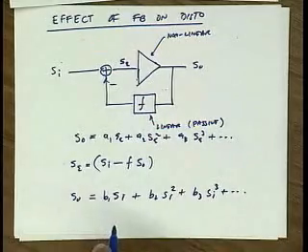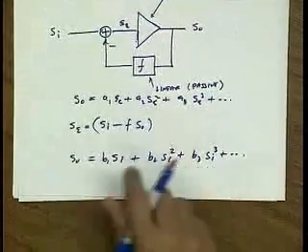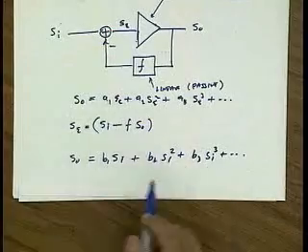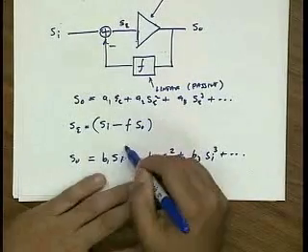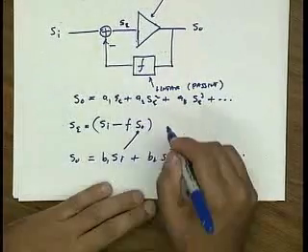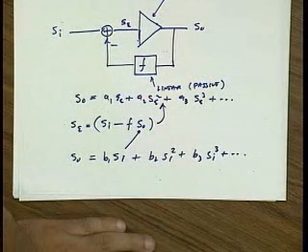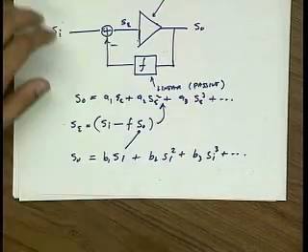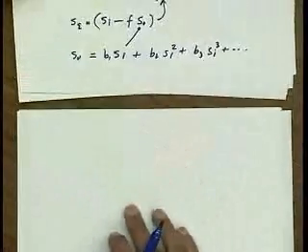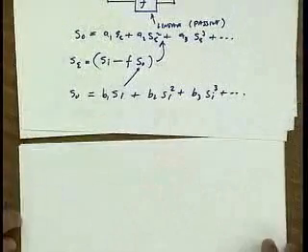Very similar to the way we derived series inversion, I can substitute this in here, and then this in here, and equate coefficients. So let me try to do that.